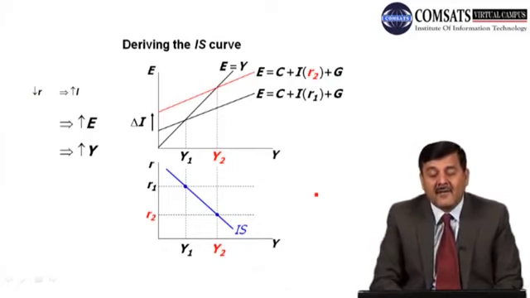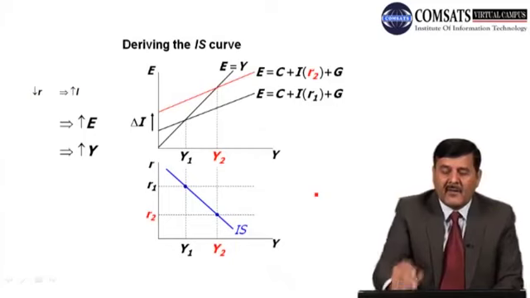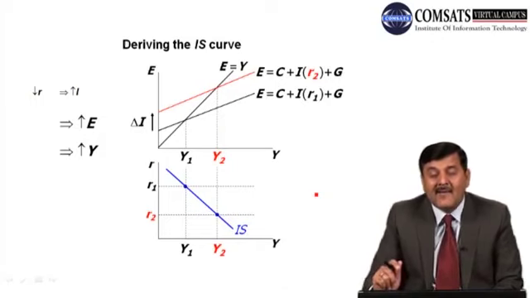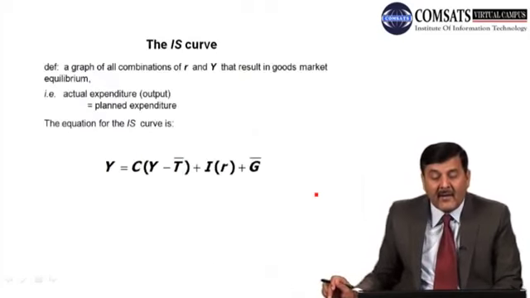Now how do we derive this curve? If you look at graph A, on the y-axis we are measuring expenditure, on the x-axis we are measuring income. We have an income line, E is equal to Y, and an expenditure line, E is equal to C plus I(R1) plus G. If you go back to the equation, T bar is constant and G bar is constant, so the only variable that can adjust the equation and bring the economy to equilibrium is the interest rate.